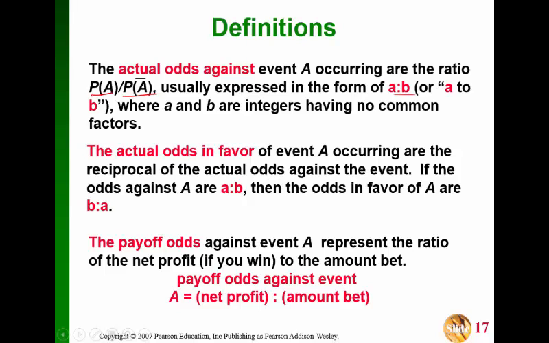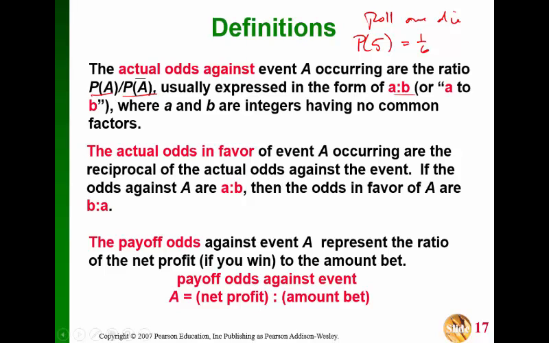Let's find a scenario that's a little bit more complicated than tossing a coin, like rolling one die. Your die is a 6-sided die. What's the probability of rolling a 5? 1 out of 6.